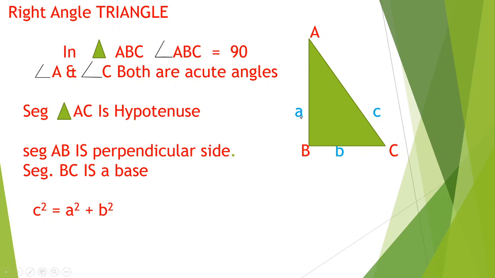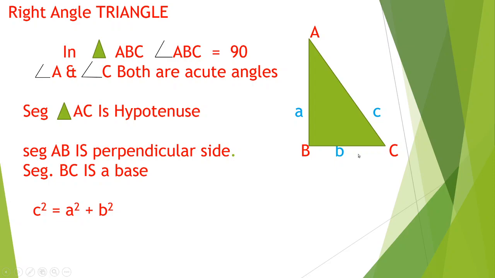The length of AB is shown as small a, BC is shown as small b, and AC is shown as small c. You all know the AC side in this triangle, opposite to 90 degrees, is called the hypotenuse.